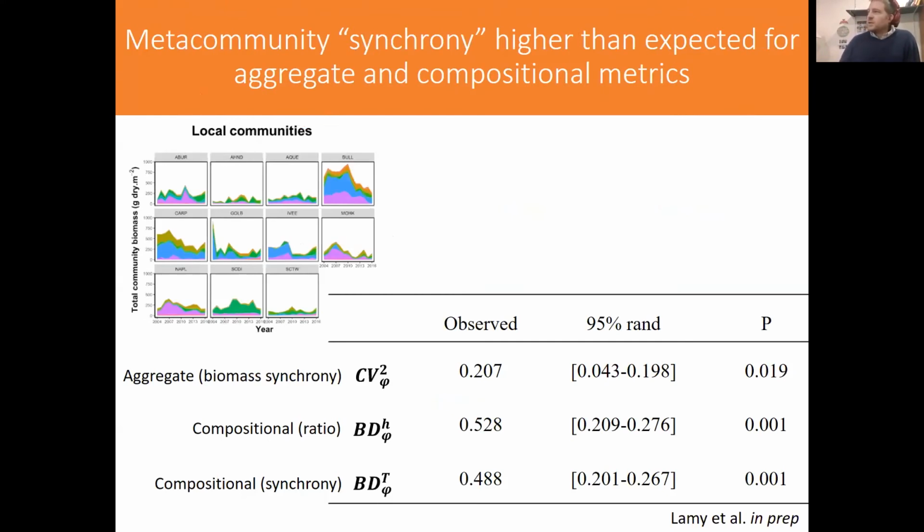Okay, so as an example, for our data set here, we calculated the aggregate biomass synchrony metric that we described earlier. So this is the same metric that Wilcox et al. were calculating for their data sets and that Wang and Leroux derived in their paper.